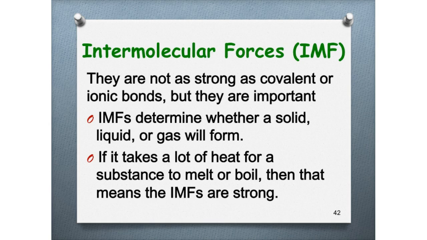And if something has a very, very strong intermolecular force, then it's going to require a lot of heat in order for it to boil or to melt. So when we see substances that are solid at room temperature or even at high temperatures, it's because they have very strong intermolecular forces.